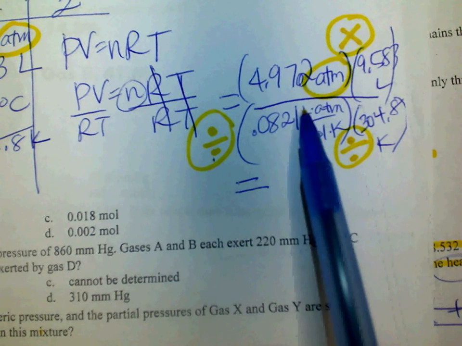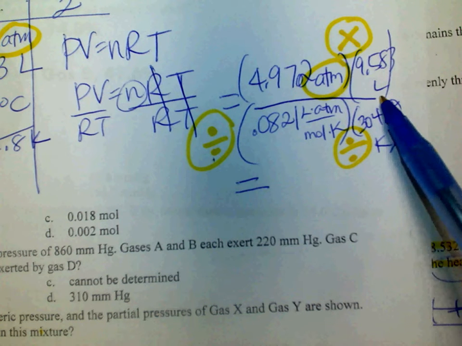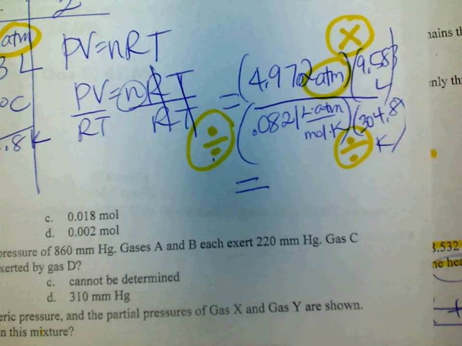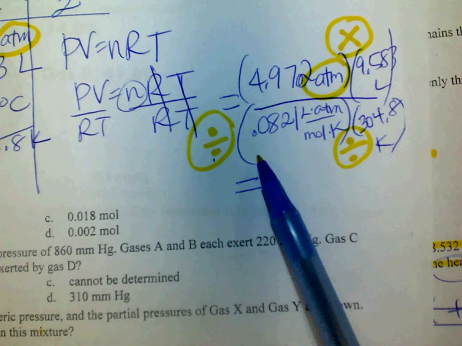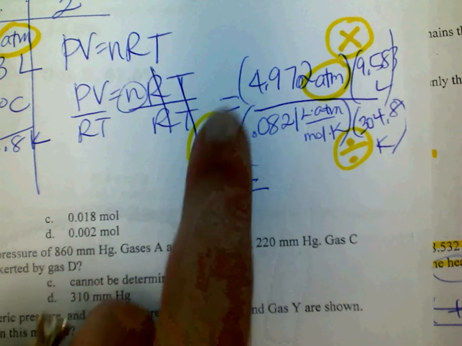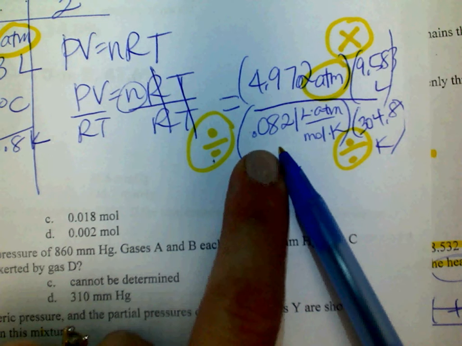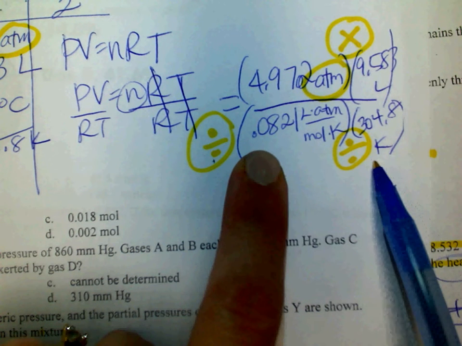So 4.972 times 9.583, divide by 0.0821. Multiply those, divide by this, and divide by this.